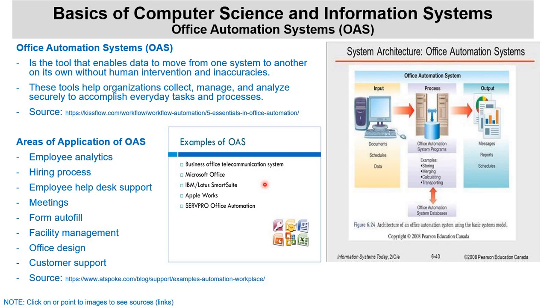You might want to write a list of things or keep a database of things where you can just query it to get a certain set of information. You can use Microsoft Access for that. These are office automation systems or tools that help you to do things without spending so much effort and time. Makes it efficient.